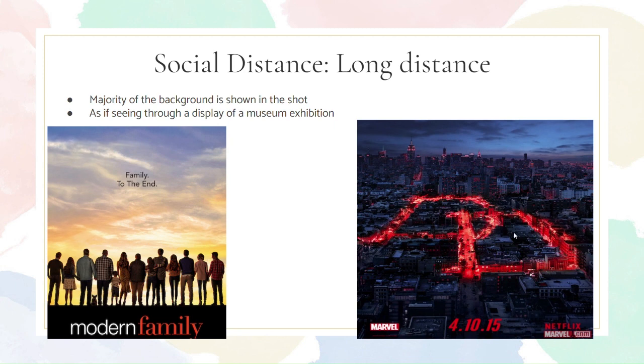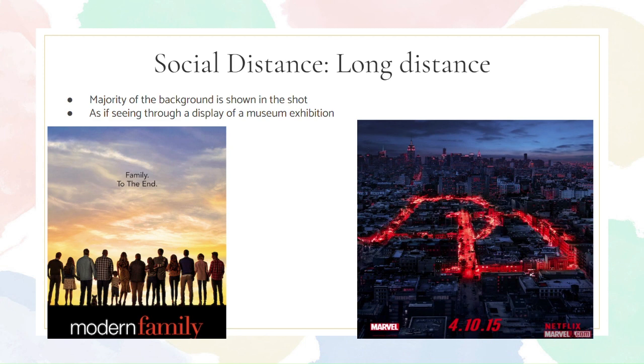The distance of the alphabets is also very visible to the viewers. So this is where it looks like it's in a display glass or maybe in a museum exhibition, where they can see what is happening in the shop itself. It is not just one part of it, it is the entirety of the background, or the entirety of the video itself.